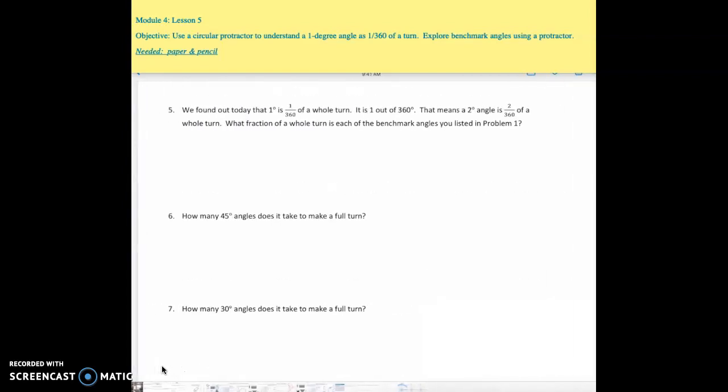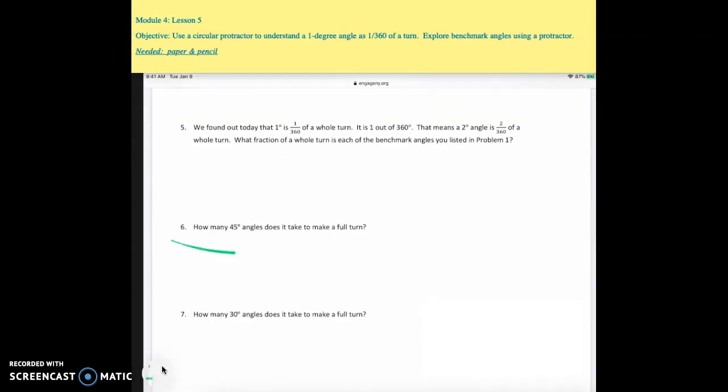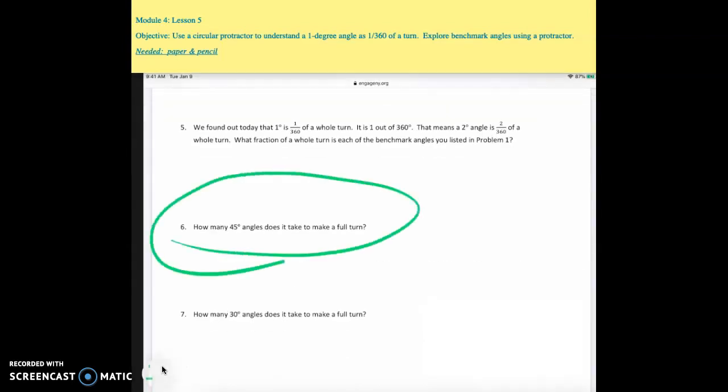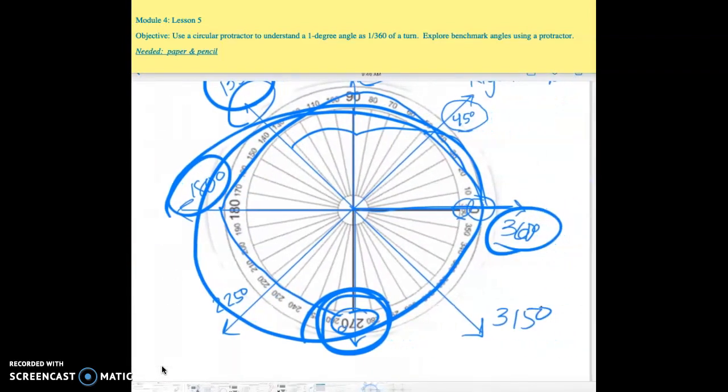So at the end of this video, you're gonna go to Google Forms and answer a question. Your question is, how many 45-degree angles does it take to make a full turn? This question right here. So think about the protractor. How many times would you have 45?